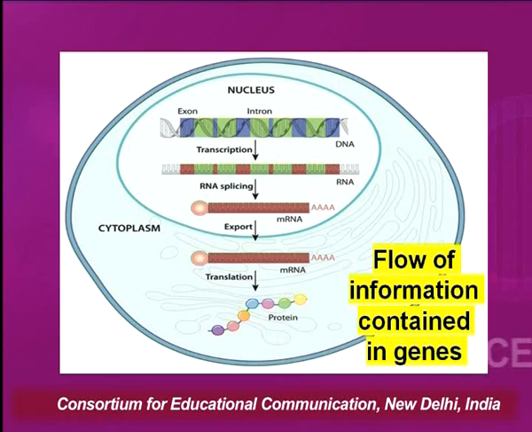All this takes place in the nucleus, and then the mRNA is ready for the other process, that is translation, in which the information encoded on this mRNA is used for synthesizing an amino acid sequence, that is a polypeptide.